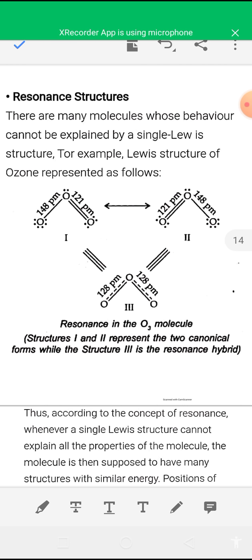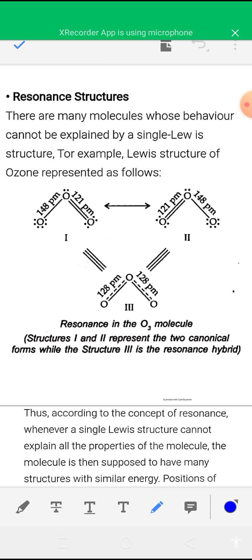Now see an important term, resonance and resonance structure. What is resonance and what are resonance structures? There are many chemical compounds, mainly covalent compounds, whose behavior cannot be explained by a single Lewis structure.